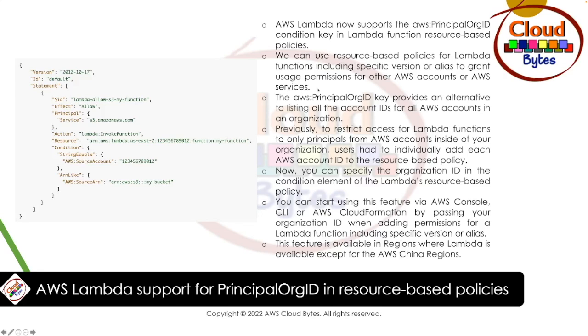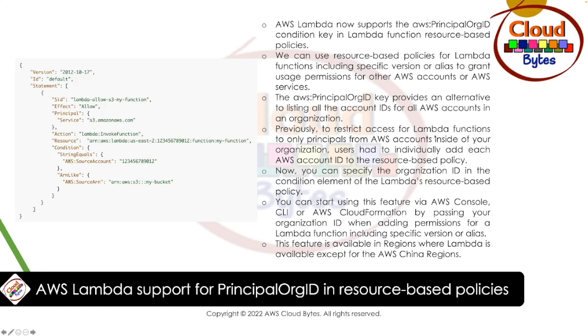You can use resource-based policy for Lambda functions, including specific version or alias, to grant usage permission for other AWS accounts or AWS services. The AWS PrincipalOrgID key provides an alternate way to list all account IDs for all AWS accounts in an organization.